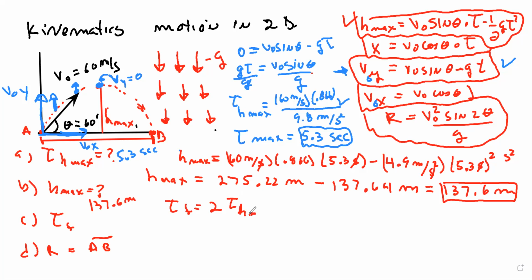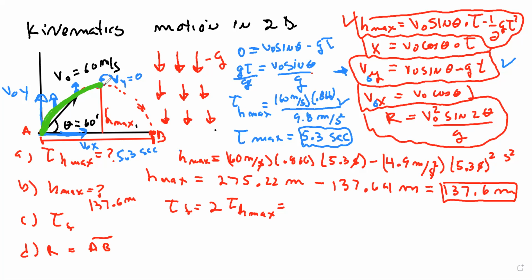And now the time of total flight is just going to be twice the time to reach the maximum height. This is because the same time it takes you to go, let me use another color here, let me use the green, to go from here to here, if you follow the green curve, that would be the path to reach the maximum height. The time it takes to reach the maximum height from the origin is 5.3.